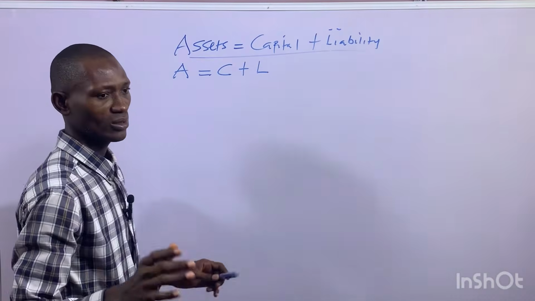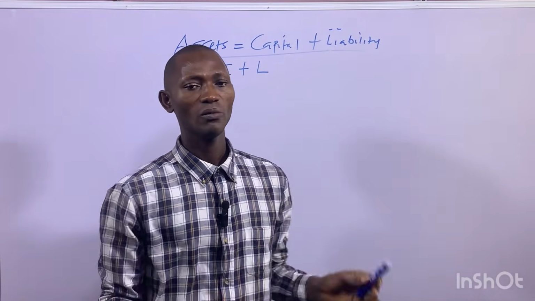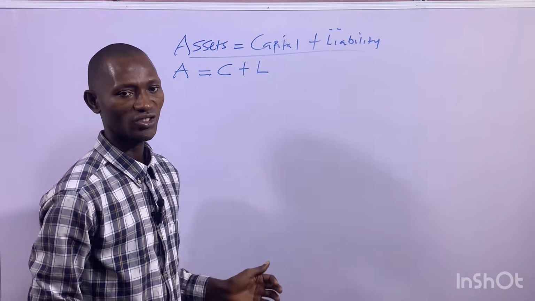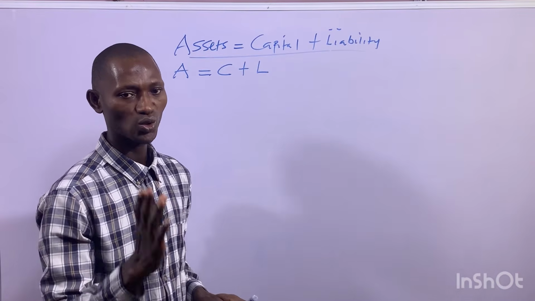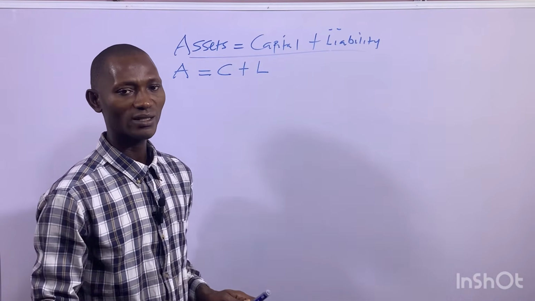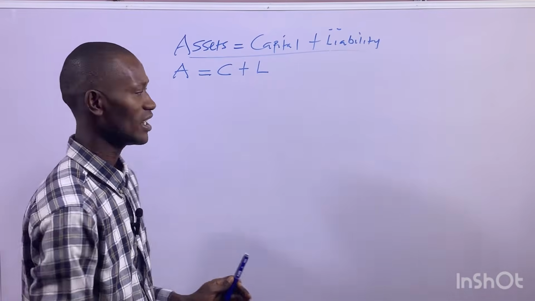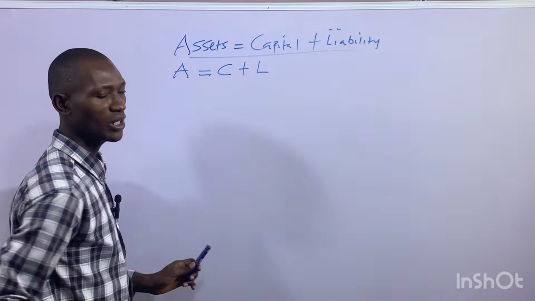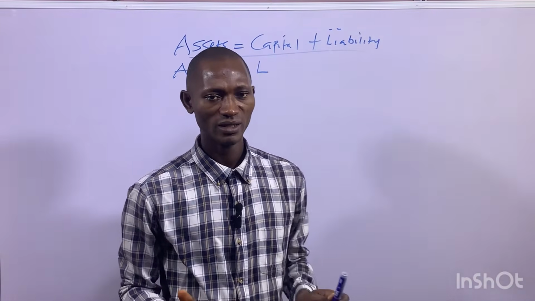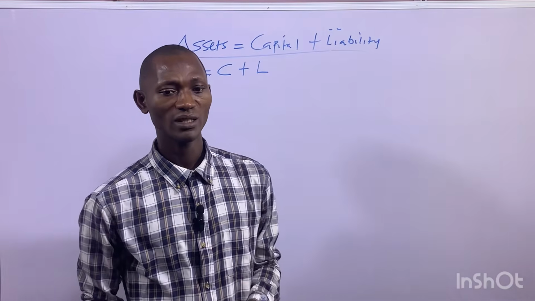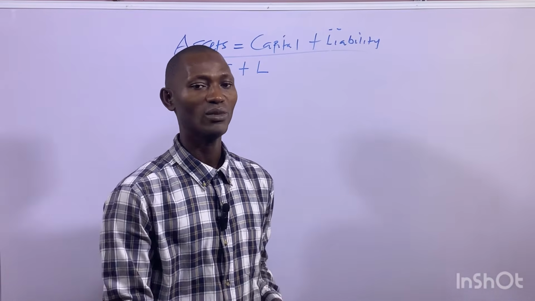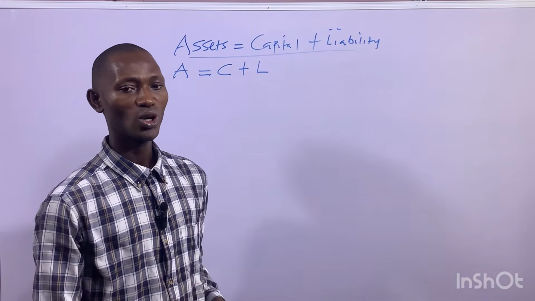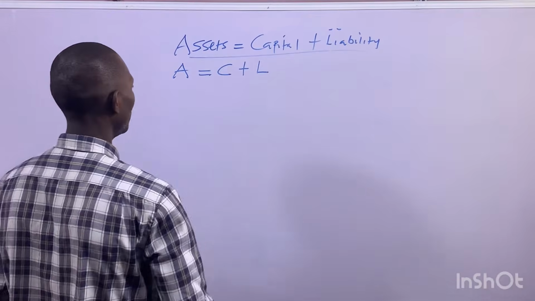Asset has lots of classifications, but for the purpose of drawing the statement of financial position, we are going to classify it into two: non-current assets and current assets. Then liability is classified into two basically: non-current liability, which is the same thing as long-term liability, and short-term liability, which is the same thing as current liability.